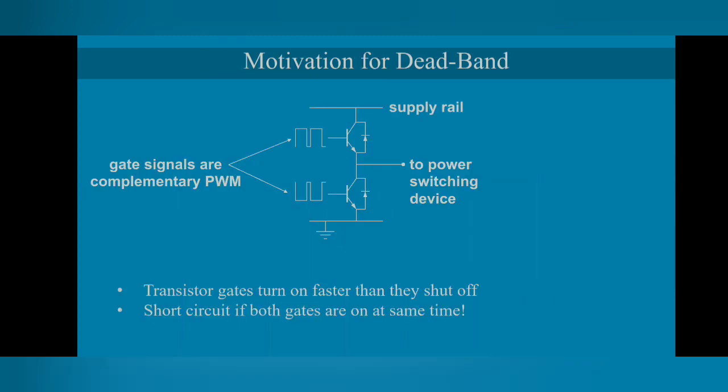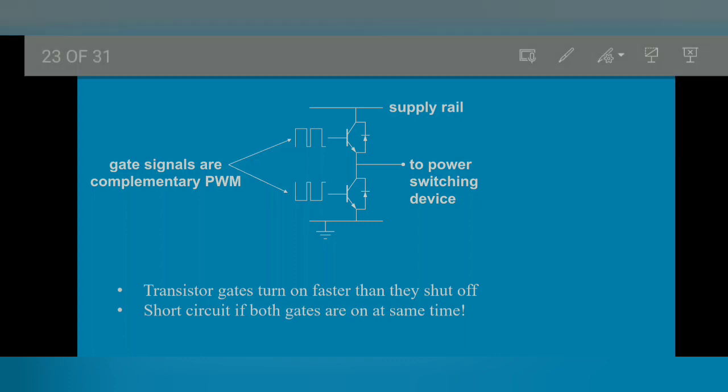So the motivation for the deadband is this: we apply these pulses to the upper switch and the complementary pulses to the lower switch, and we take the output between these two terminals. For example, if we zoom in on this part, one switch is getting turned on and the other is getting turned off.